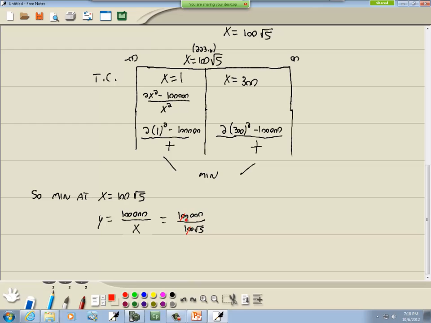That 0 cancels that 0, that one with that one, and we're left with 1,000 over square root of 5. Can't have a square root of 5 downstairs, so I'll multiply top and bottom by the square root of 5. So that gives us 1,000 square root of 5 over 5. And 5 goes into 1,000, so this becomes 200 square root of 5. So x is equal to 100 square root of 5, and y is equal to 200 square root of 5.